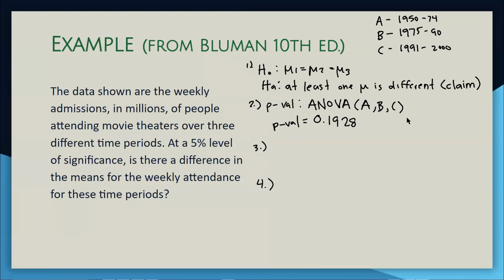So we're going to make our decision by comparing that p-value to our alpha. And our alpha is 5%, so 0.05. And 0.19 is bigger than 0.05. So we are not going to reject the null.